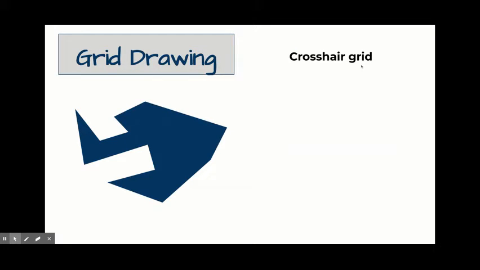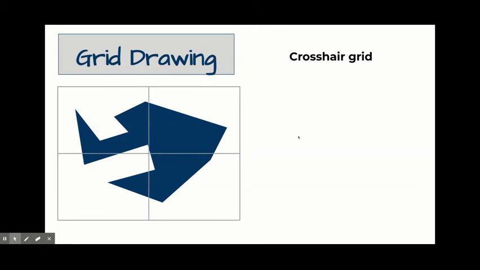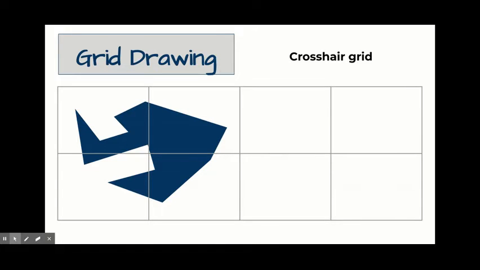Okay, so how are we going to be doing this? We're going to be using a crosshair grid. So a crosshair grid is very simple. It is just 4 quadrants. So let's say you wanted to redraw this shape, okay? You wanted it exactly the same. The first thing you're going to do is you're going to put a crosshair grid on there. So it's 4 quadrants. And now instead of trying to draw the shape freehand, we draw it one square at a time, or one quadrant at a time.